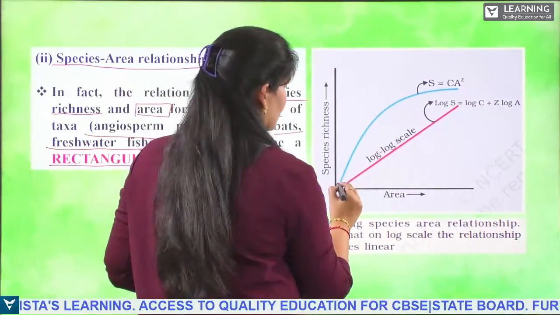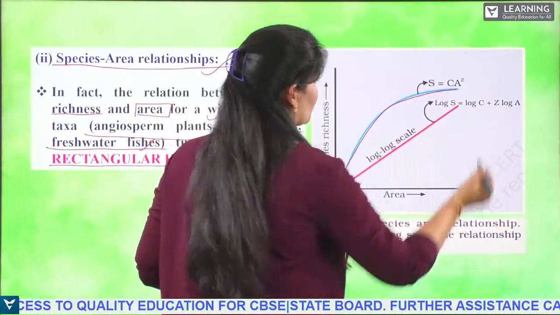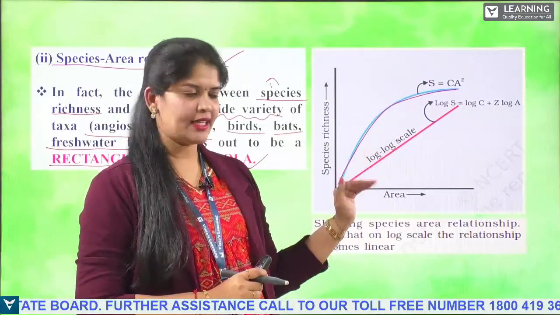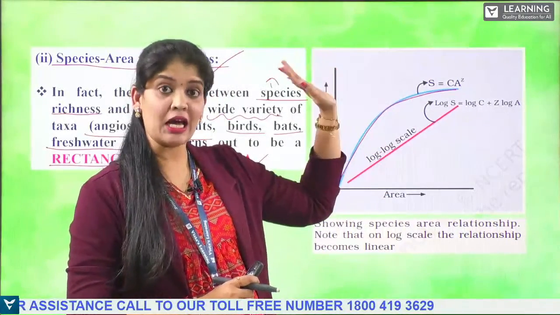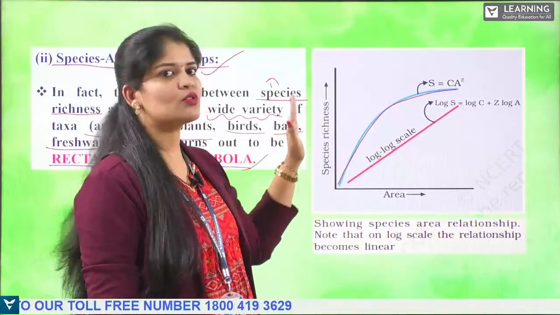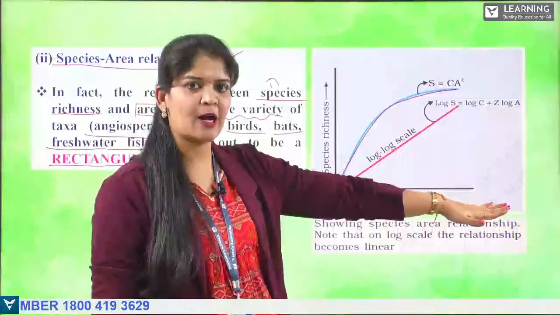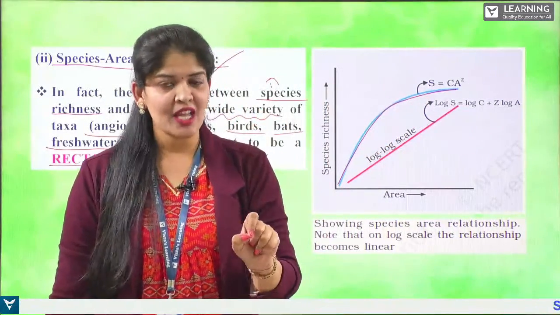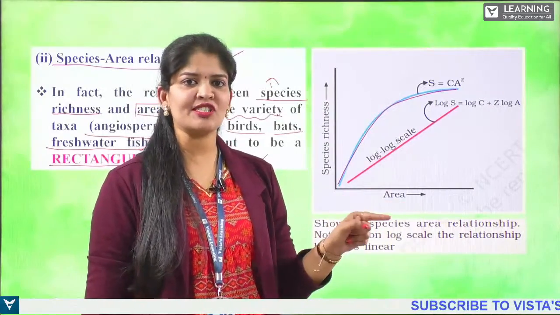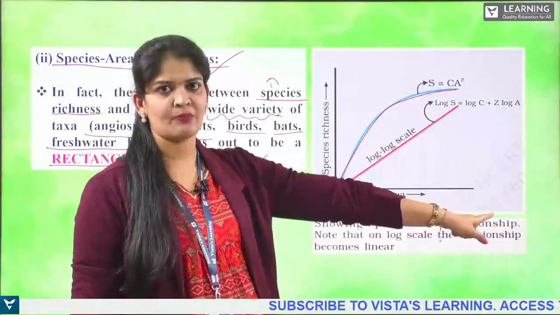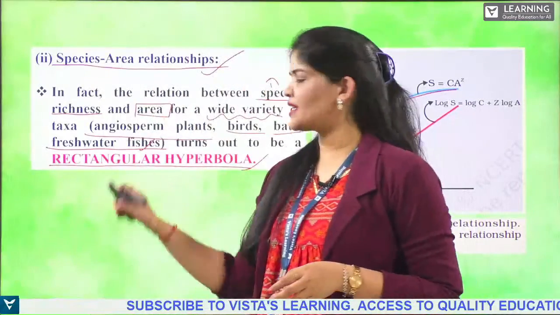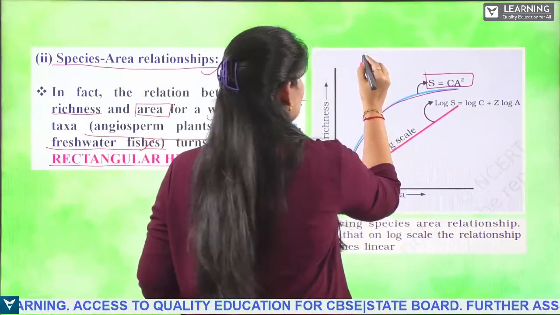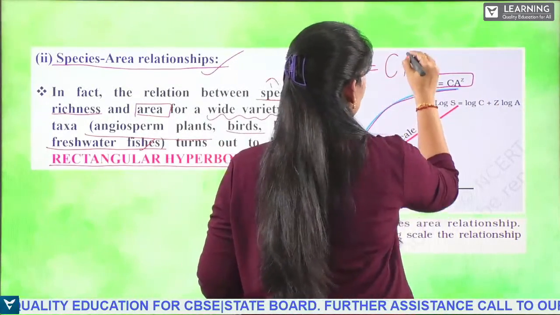This is your rectangular hyperbola. If you start plotting a graph of area versus species richness, the species richness will increase with the area and keep on increasing until it reaches a certain point where there is no further increase in species richness, though we increase the area. That is what we get, this rectangular hyperbola, which is represented by the equation S = CA^Z.